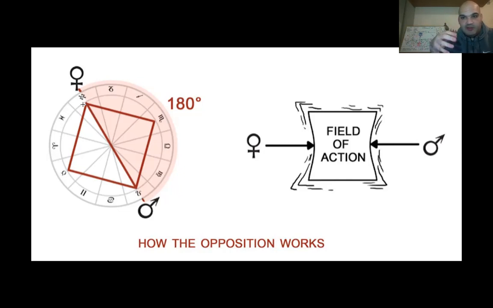The whole point of this is just to give you guys the keys to understand the basics of what an opposition is, what a sextile is, what a square is, what a conjunction is, and what a trine is. And then once you can learn them, you can start looking at the other minor aspects.